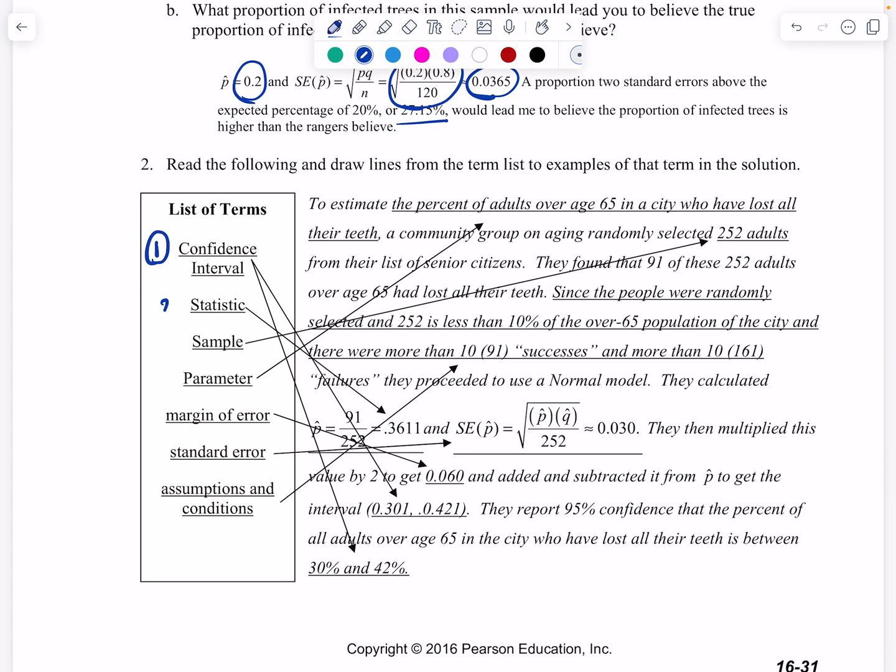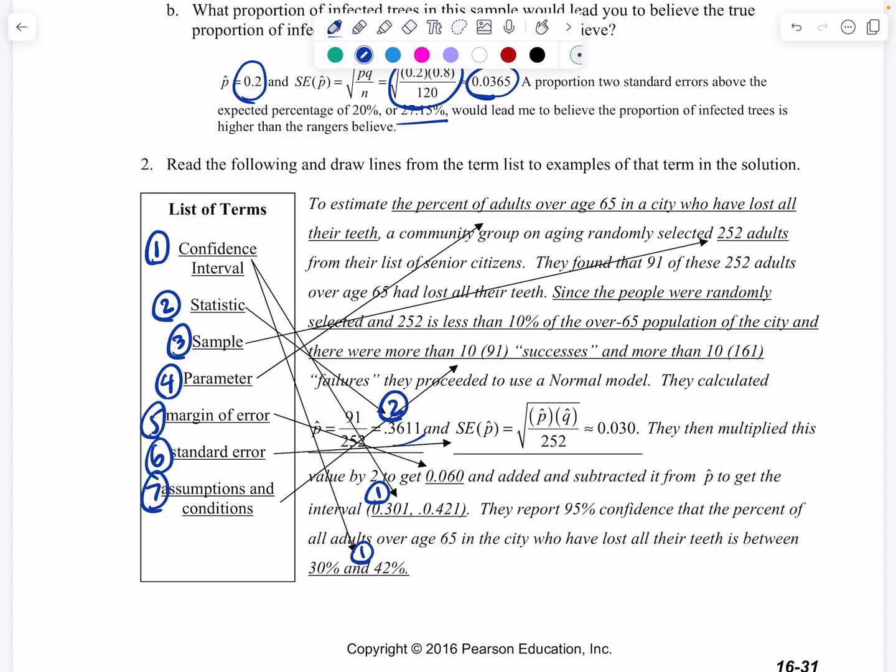Okay, let's look at what all of these definitions are. Let's just number them. I think it'll be easier. Confidence interval, you can see, is down here. It's here and here in 2 spots. You would just have to label it in 1 spot for the test. Statistic, remember, a statistic is taken from the data.